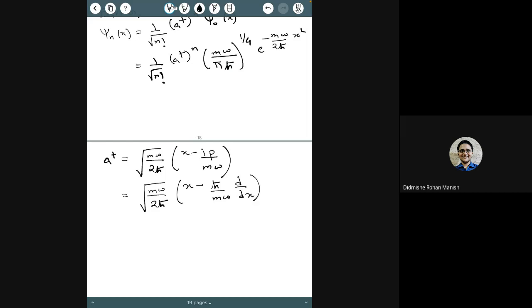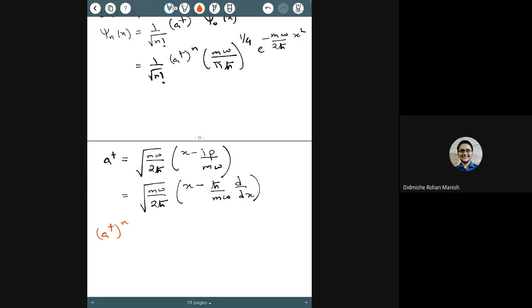So a dagger will become plus, right? A dagger was minus, and then p is minus i h cross, so you have plus i squared, so that's minus.